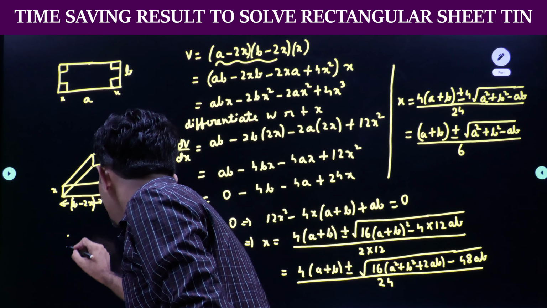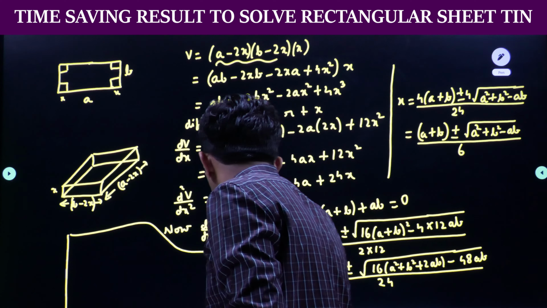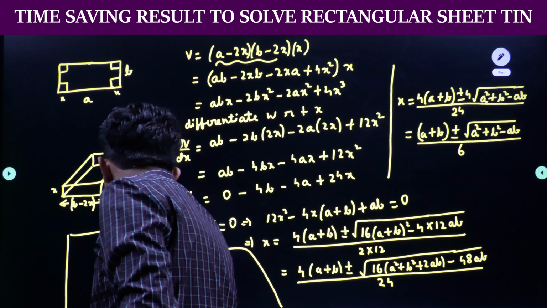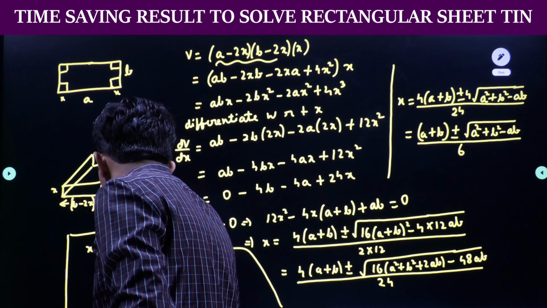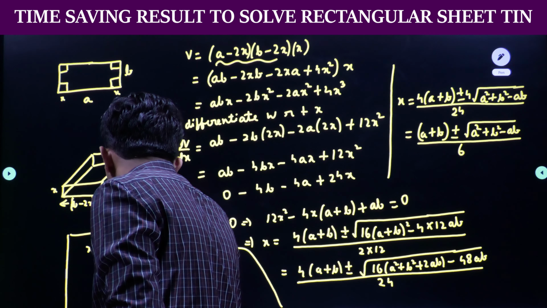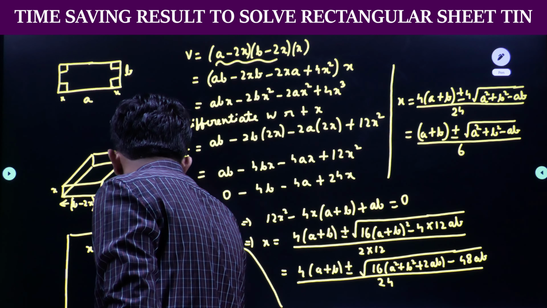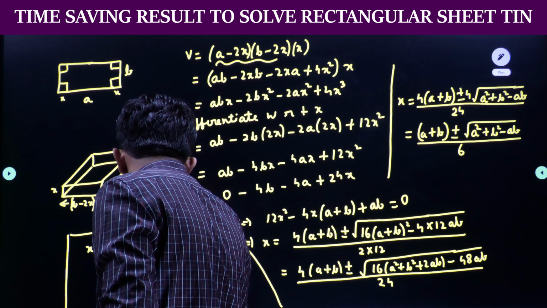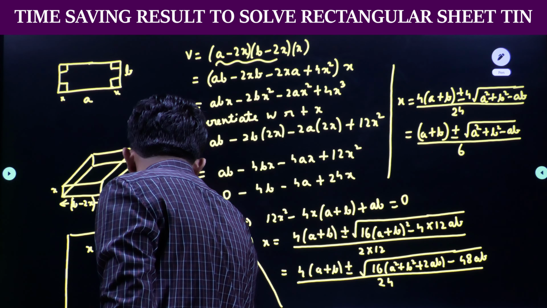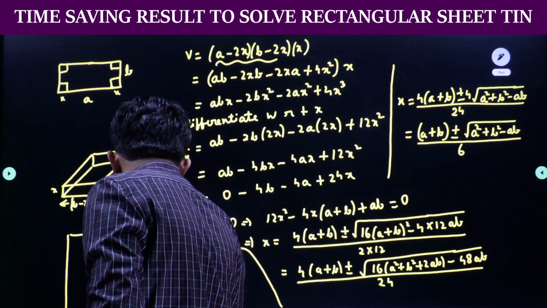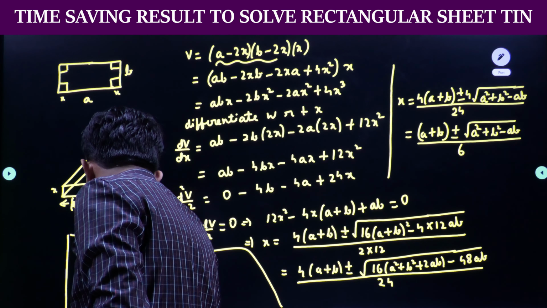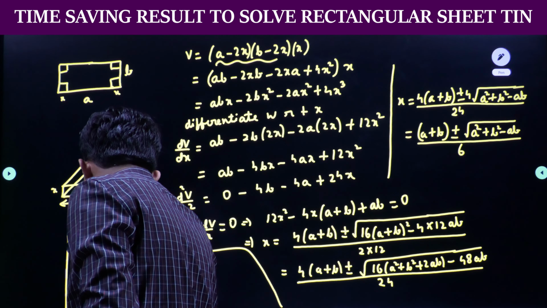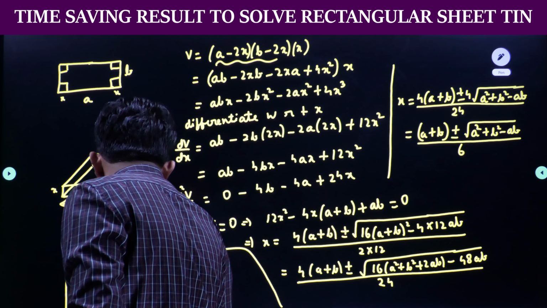I'll show here. If you take x equal to a plus b minus root of a square plus b square minus ab divided by 6, when x equal to this value, what is d square v by dx square, you find out.